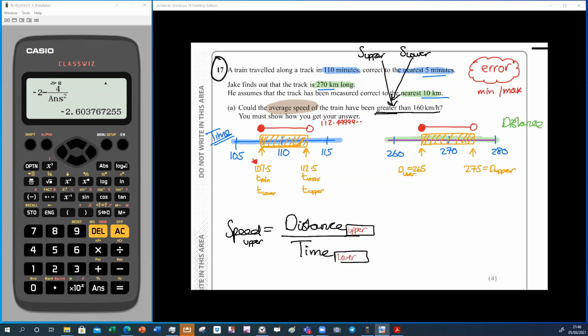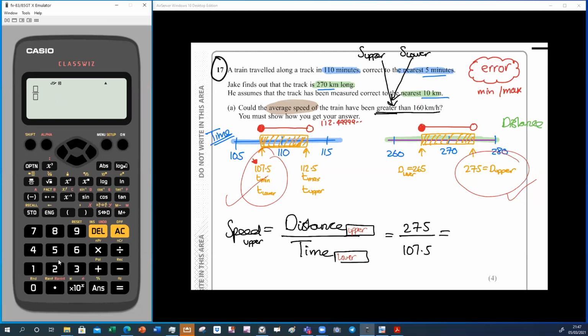So let's grab the right numbers now. The biggest possible distance is 275. And the smallest possible time is 107.5. So let's use those numbers in our calculation. 275 goes on the top, and 107.5 goes on the bottom. Okay, we've got a calculator already ready for us.